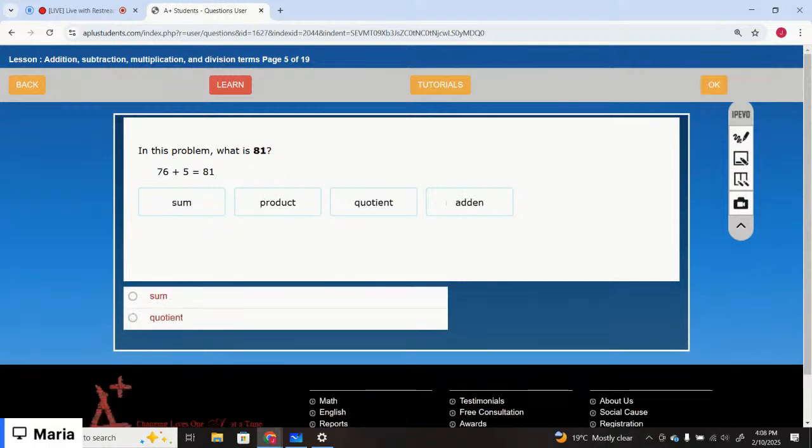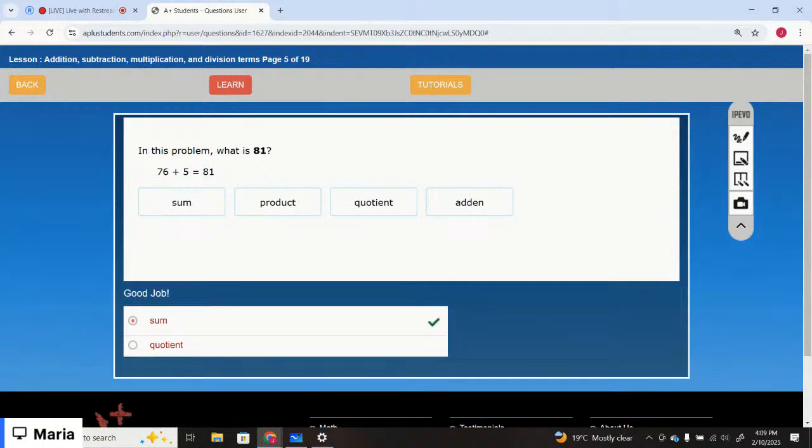In this problem, what is 81, which is the correct option? 81 is the sum of 76 and 5. The correct option is sum.